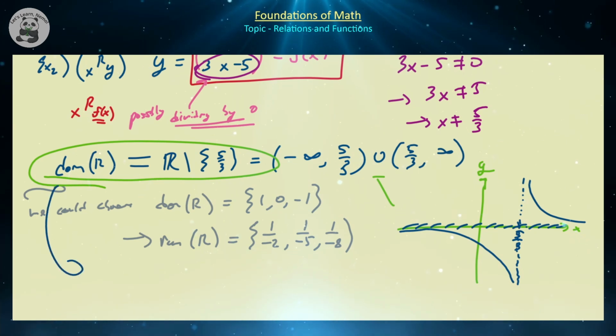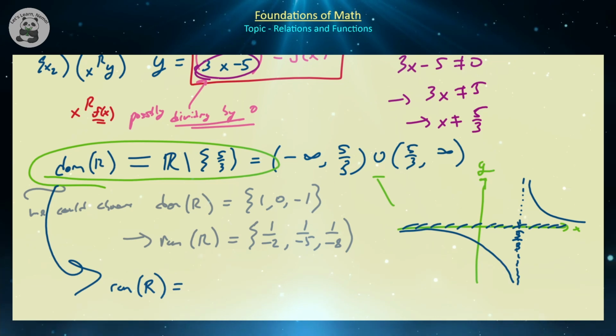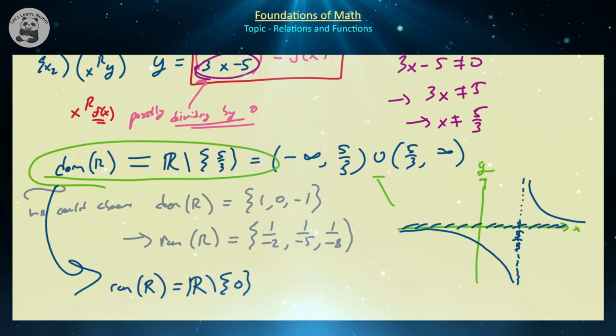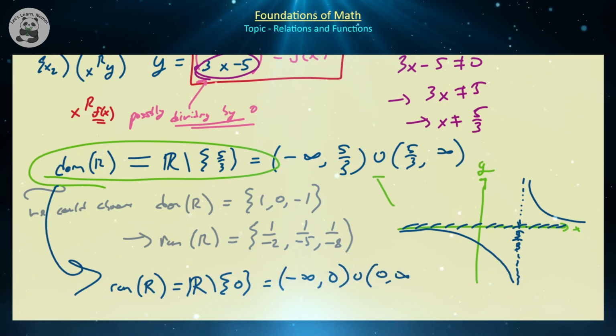So one should be able to show that the range of that relation is going to be all real values except for 0, i.e. all the values minus infinity to 0, union 0 to infinity.